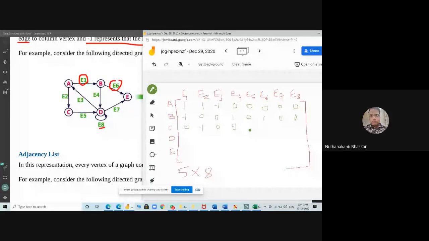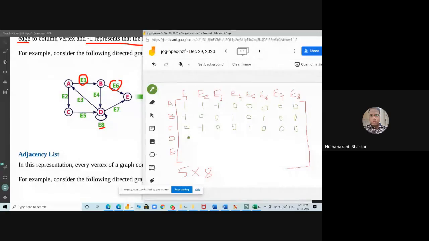Outgoing edge, then E5 is there. 1, sir. C to E6. 0, sir. C to E7. 0. Good, right answer.